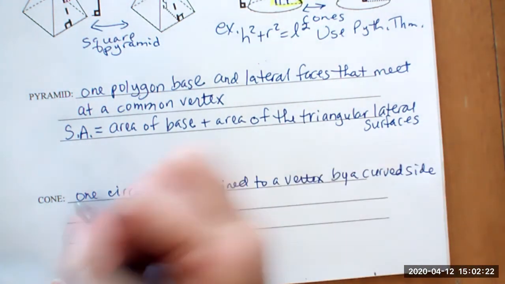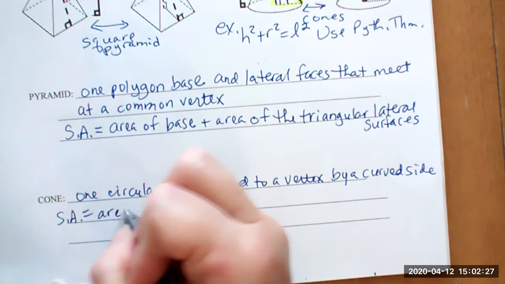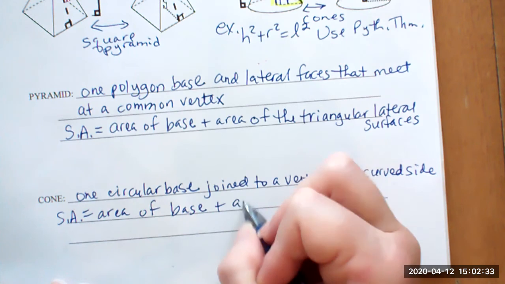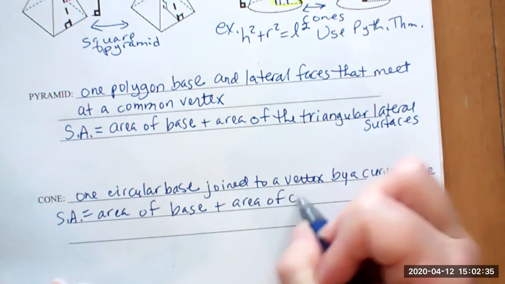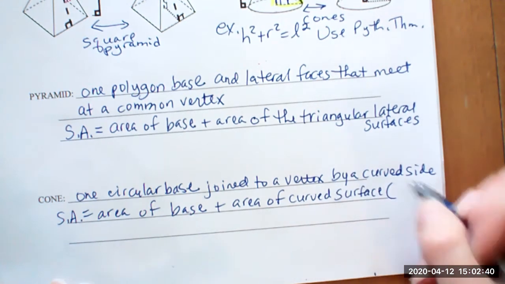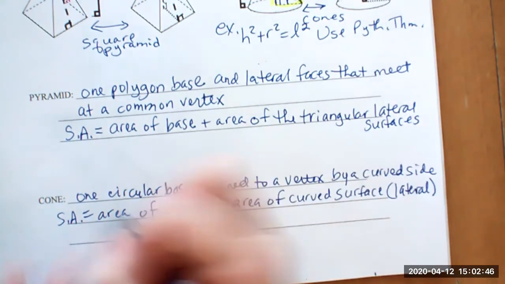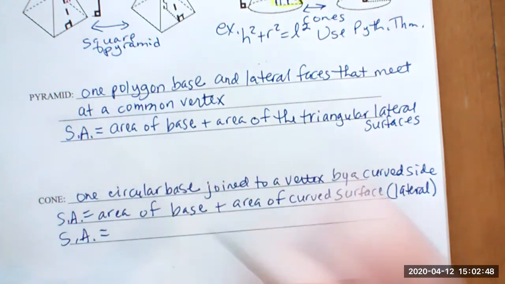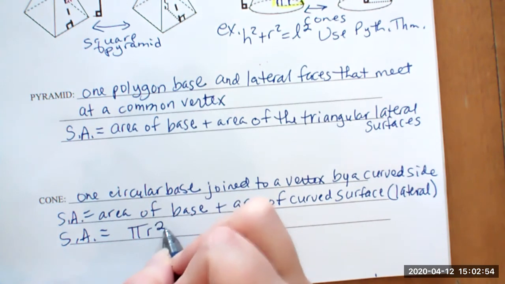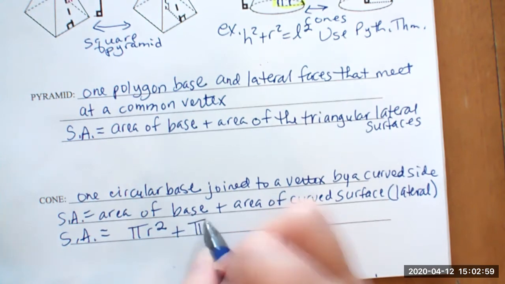Okay, and so the surface area is going to be the area of the base plus the area of the curved surface, which is the lateral area. Okay, and so for a formula here, you're going to need a formula for sure. So that's going to be the area of the base, which is a circle, so that's pi r squared, plus the area of the curved surface here is going to be pi r l.